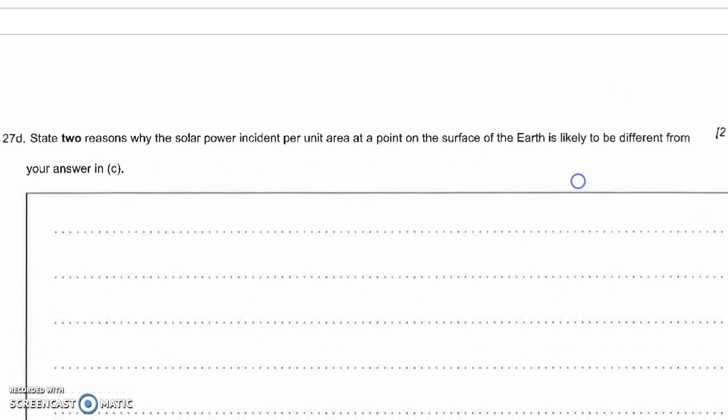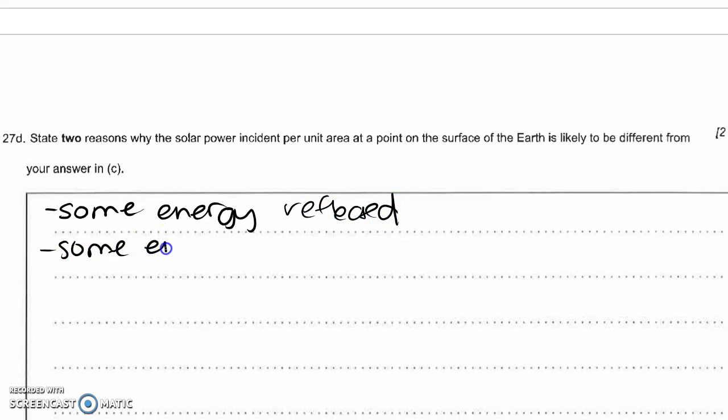Then next, state two reasons why the solar power incident per unit area at a point on the surface of the Earth is likely to be different from your answer in D. So there are multiple reasons. So there's only some energy reflected. Some energy is going to be absorbed by the atmosphere.